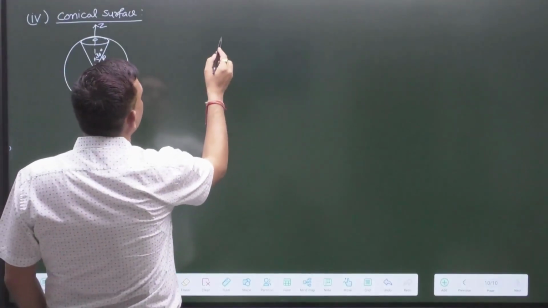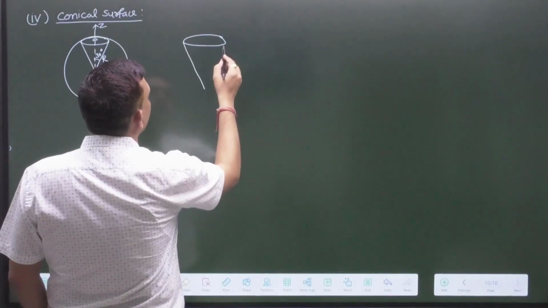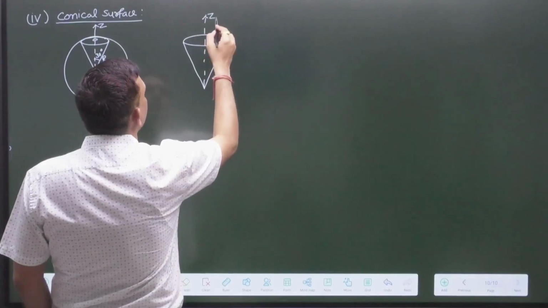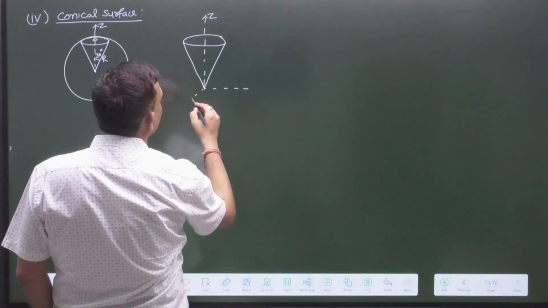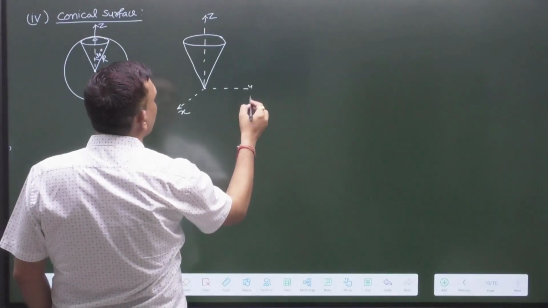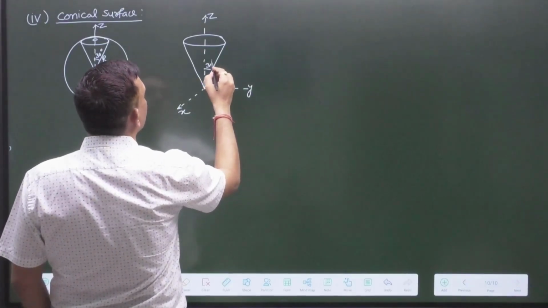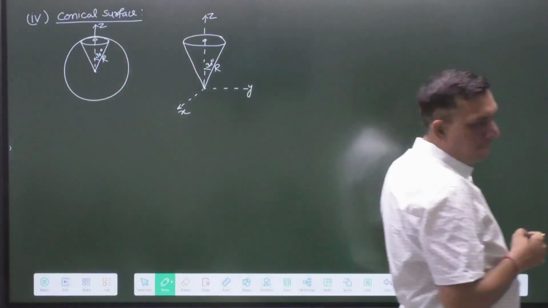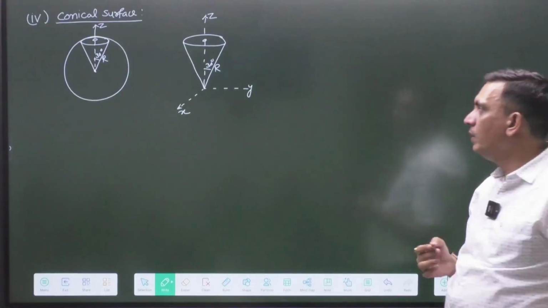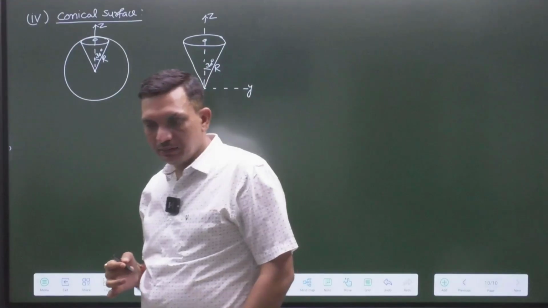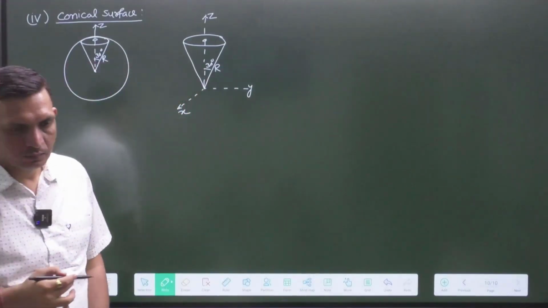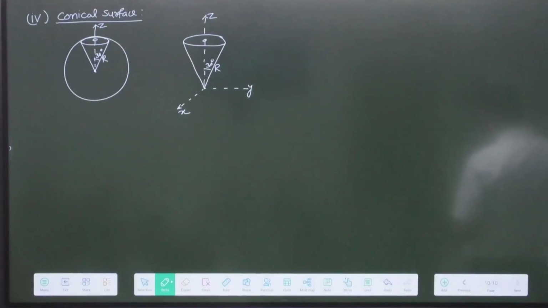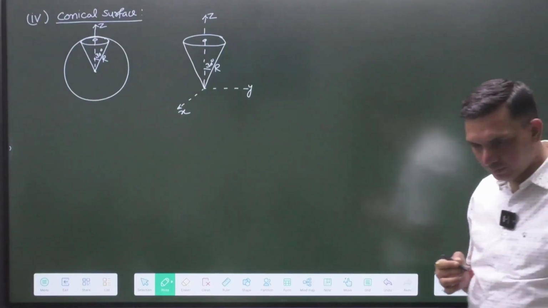This particular cone is a part of a sphere. Z axis, this is x, this is y, this angle is 30 degrees, and this radius is R. Now first specify r, theta, phi. Let us specify r, theta, phi.